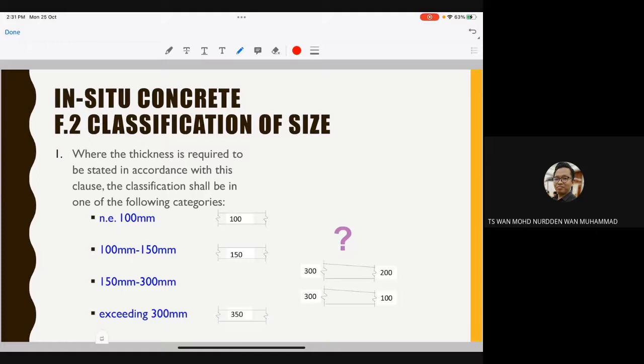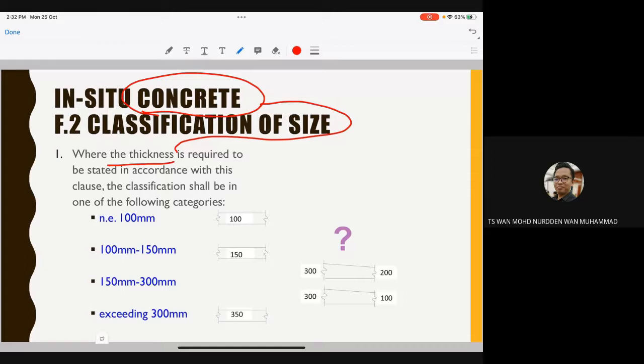Okay, untuk concrete ni, dalam description tu perlu nyatakan thickness. Okay, apa yang perlu nyatakan adalah thickness lah, required to be stated in accordance with the clause, keseluruhan clause yang ada dalam F.2 ni.